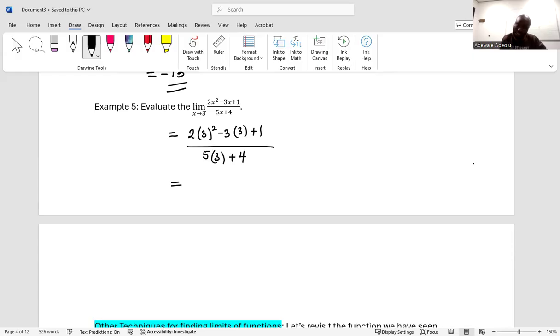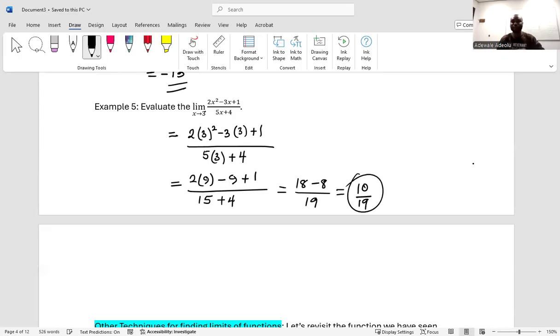So that is 2 times 9 minus 3 times 3, which is 9, plus 1, divided by 15 plus 4. So that is 18 minus 9 plus 1, which is 10, divided by 19. So that is 10 divided by 19. Answer.